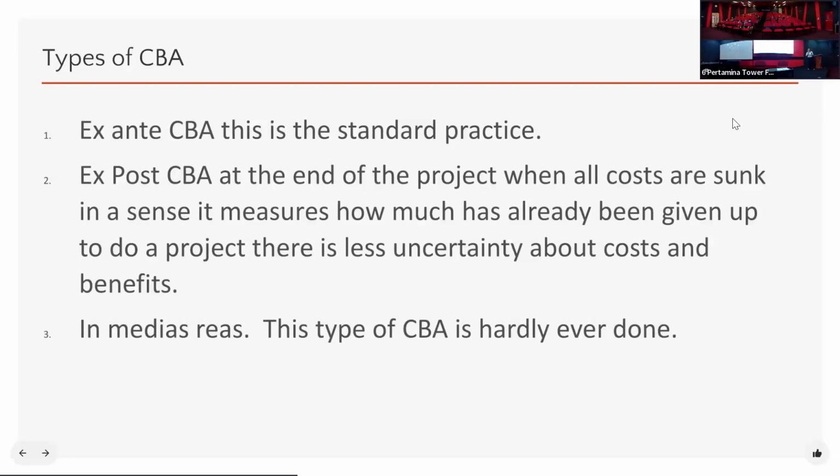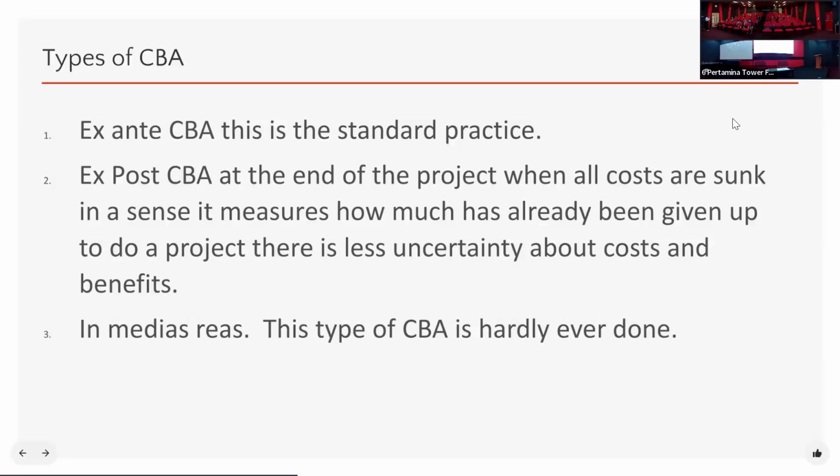We also do, this is less common, but it happens, ex post cost-benefit analysis. Ex post cost-benefit analysis is absolutely great. Everybody should do it. It should be part of everything. Because by the time that you do ex post cost-benefit analysis, all the costs have sunk. The real prices and the real costs have appeared.